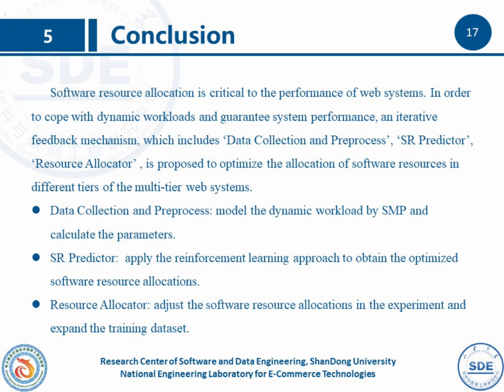In the resource allocator module, it adjusts the software resource allocations in the experiment and expands the training dataset. These three modules enable the SR predictor to be iteratively updated and optimized. Based on the rule-based benchmark system, the effectiveness of the mechanism is experimentally validated in this paper.